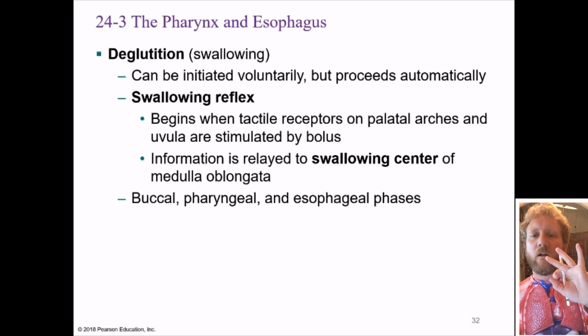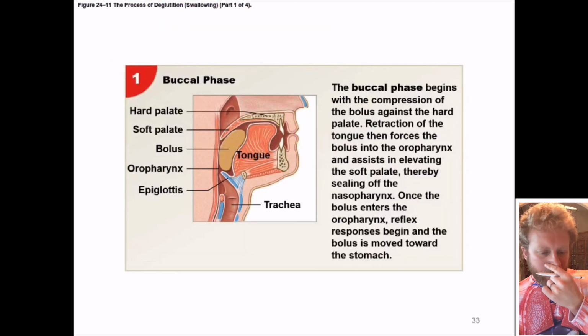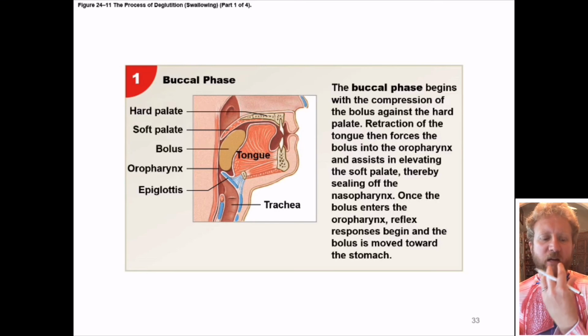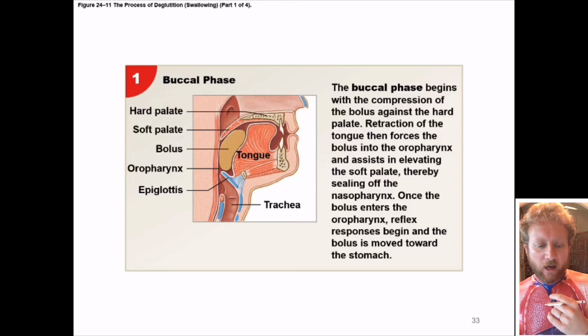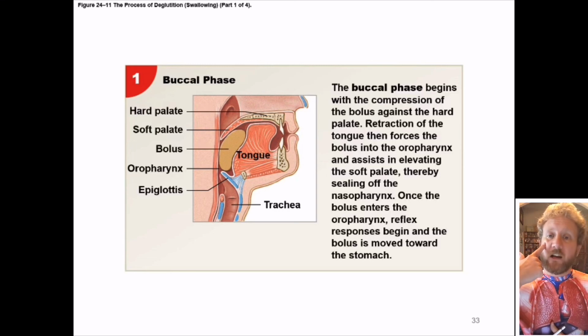There's 3 phases of the swallowing reflex. And so it kind of goes like this. In the buccal phase, it's up at the front. So basically what's going to happen is the tongue is going to compress that bolus up against the soft palate, those palatal arches in your soft palate and your uvula. Your soft palate's going to move up, sealing off your nasal passages.